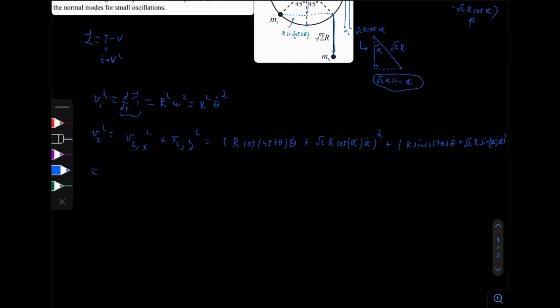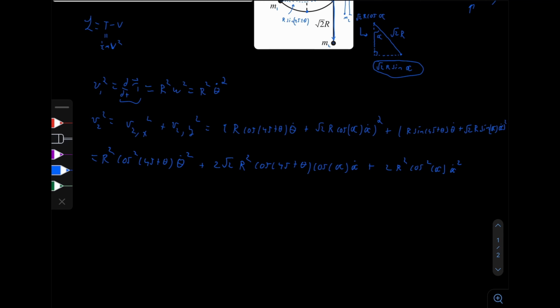Okay, so this is going to be equal to r squared cosine squared of 45 plus theta times theta dot squared, plus 2 times root 2 r squared cosine of 45 plus theta cosine of alpha times theta dot alpha dot, plus 2 r squared cosine squared of alpha times alpha dot squared. And I'm going to go to the next line and continue this.